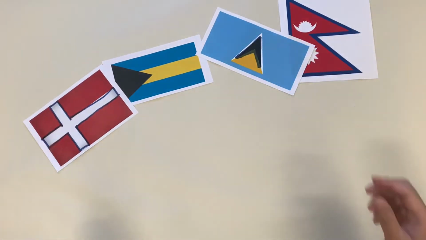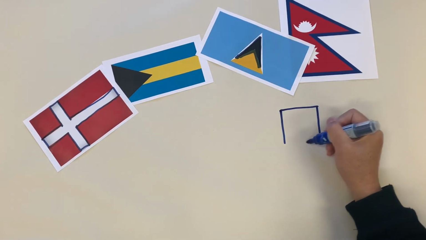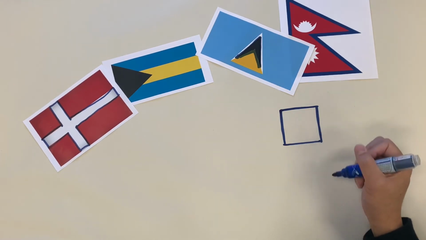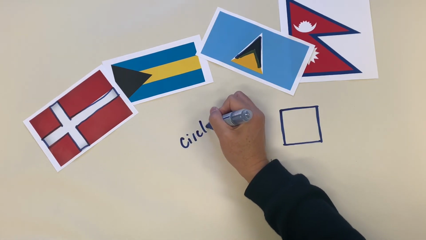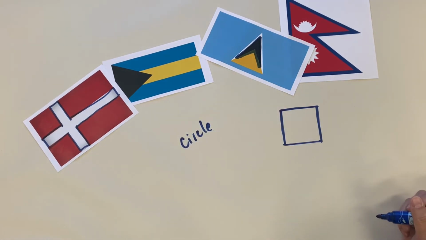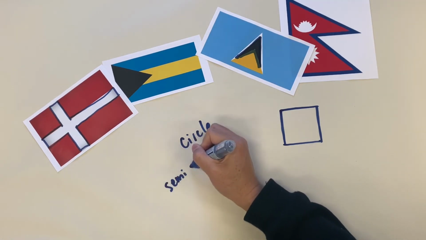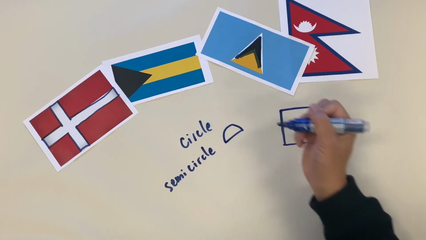There are 2 flags where the shape of the flag is pretty much square. One is a square, the other one is almost square. See if you can find those. I wonder if you can find a circle on a flag. I wonder if you can find a semicircle on a flag. A semicircle is half a circle.